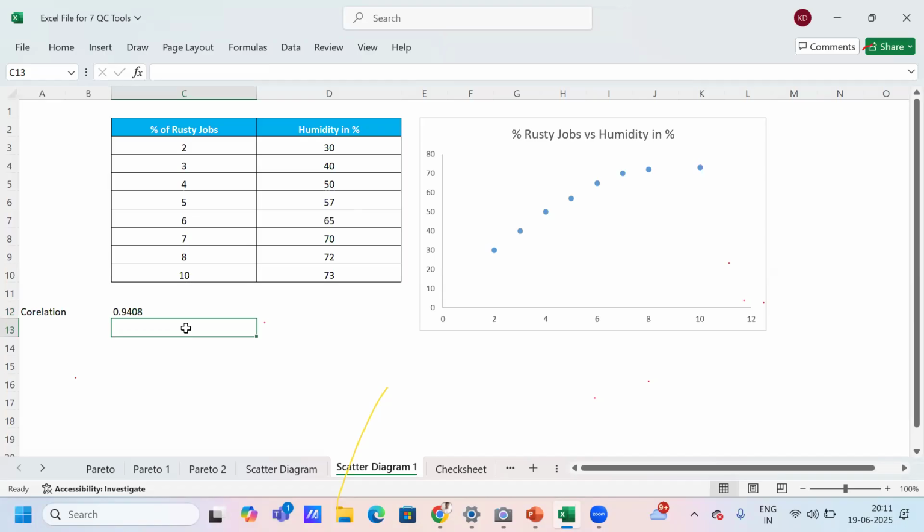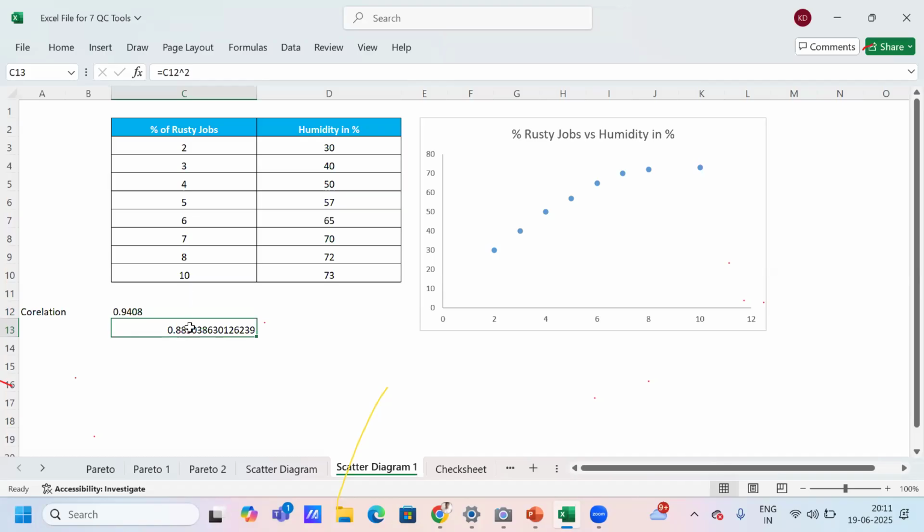Now I will let you know how to use this in quality. What you can do is make a square of R. So it is 0.88. When you make the square of R, it came to 0.88. What does it mean?